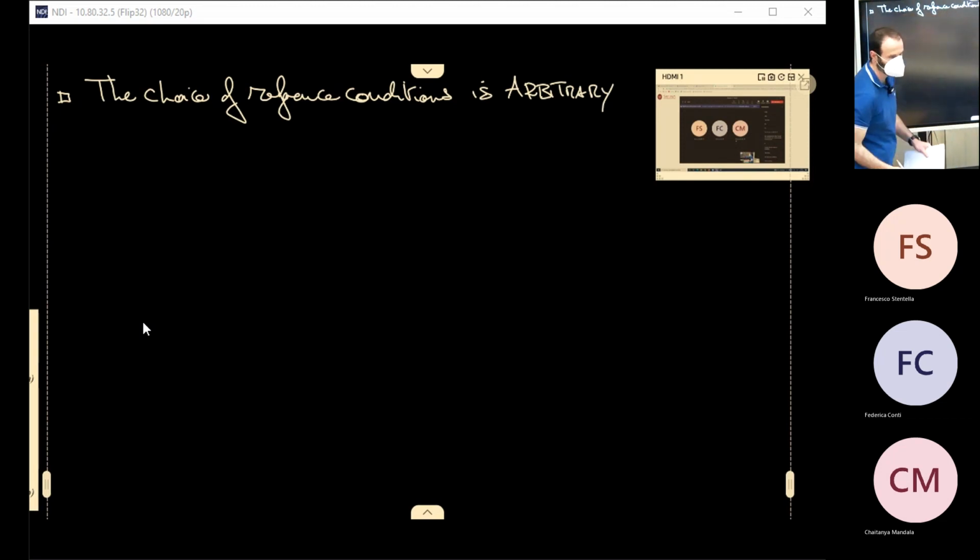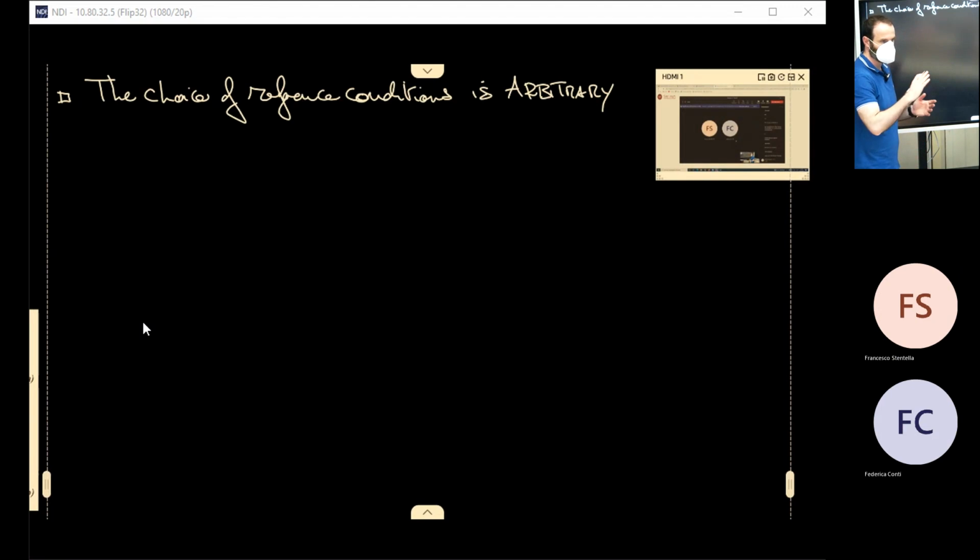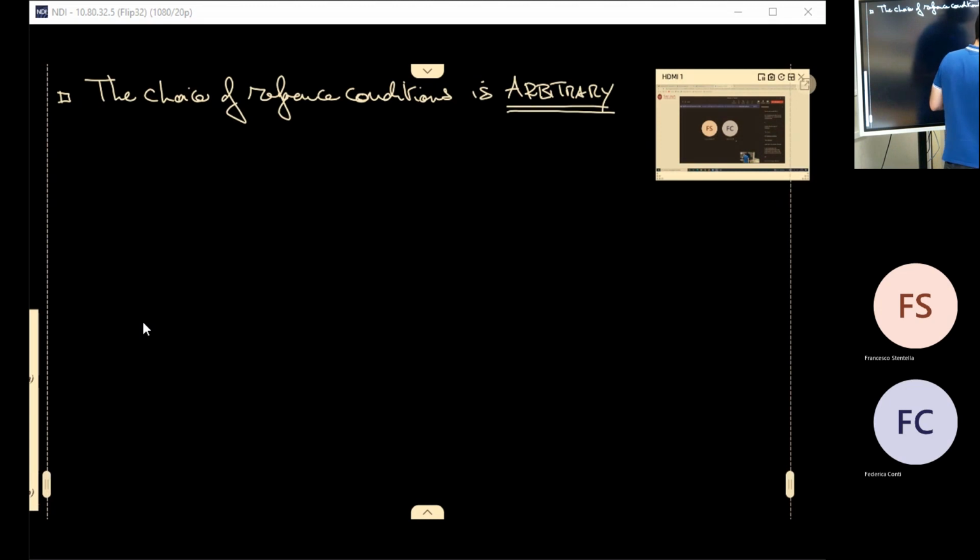Again, why is it arbitrary? Because the relationship between the body frame and the body is not unique anymore. So you have to choose one. Since it's not unique anymore, you have to choose one among many, and since you have to choose one among many, this choice is arbitrary. Okay.